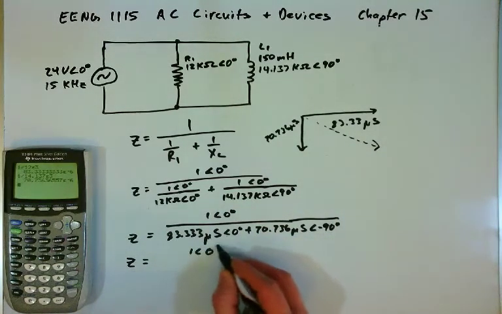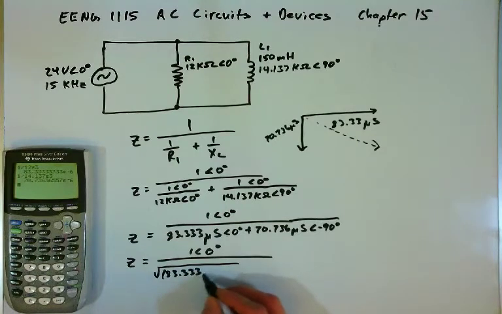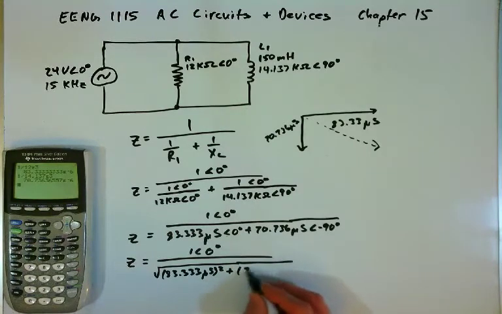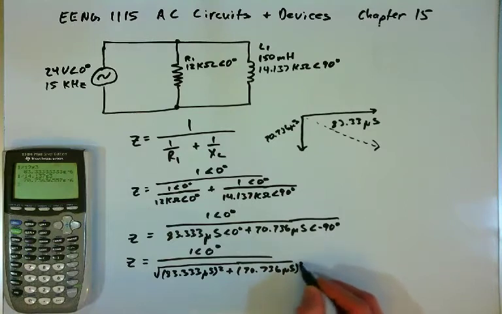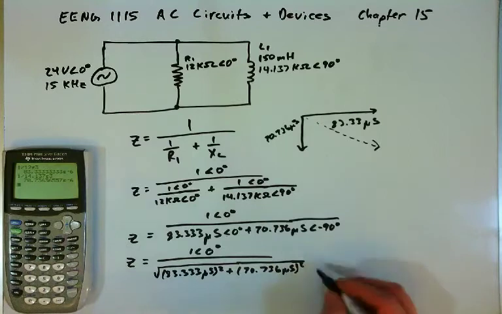And so we'll have 1 at 0 degrees divided by the square root of 83.333 microsiemens squared plus 70.736 microsiemens squared. That will be the magnitude of the sum of these vectors.